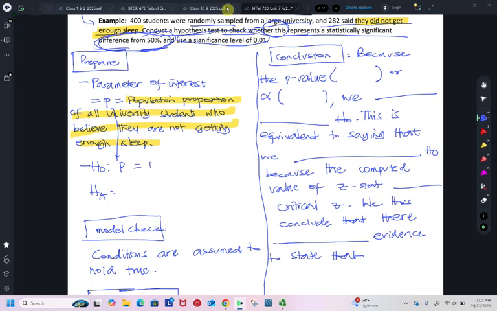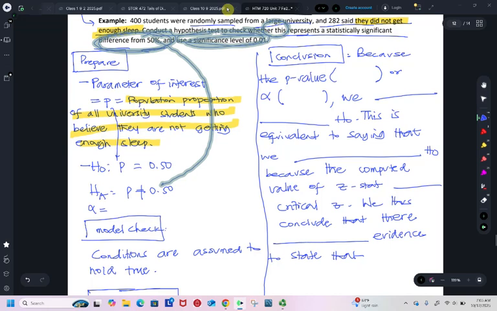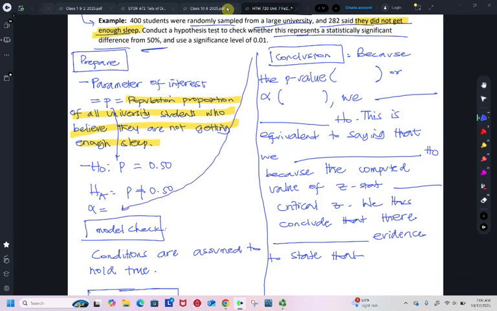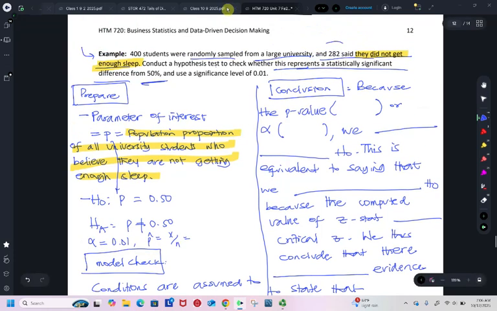So, the status quo will be 50% or 0.50 versus what we want to test, which is that it is different from 50%. At alpha equals 0.01, okay, so I'm going to have my 0.01 there, and our p-hat is x over n. That will be 282 out of the total 400 students who were sampled.